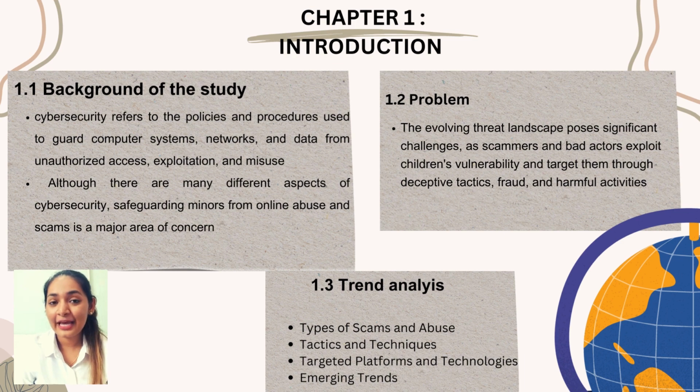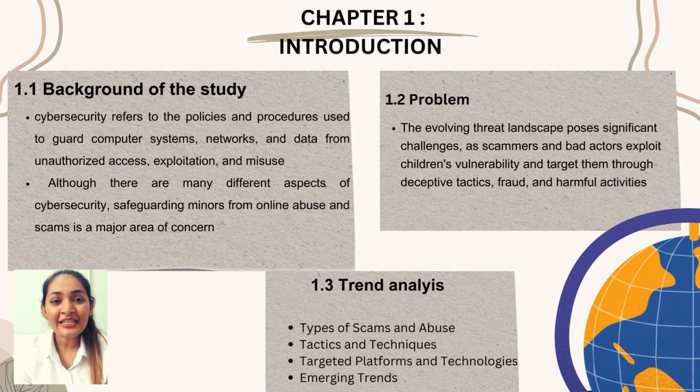Background of studies. Cyber security refers to policies and procedures used to guard computer systems, networks, and data from unauthorized access, exploitation, and misuse. Furthermore, cybersecurity has become a crucial concern for countries aiming for sustainable development and economic success in today's globe.